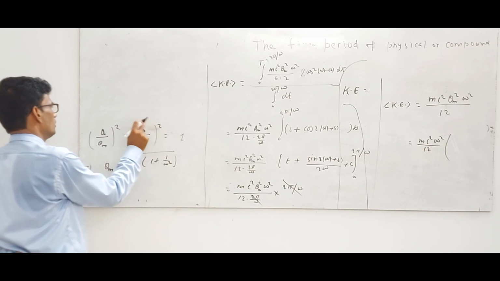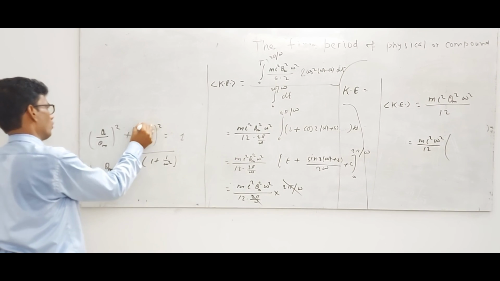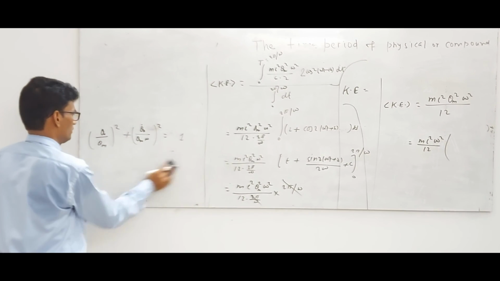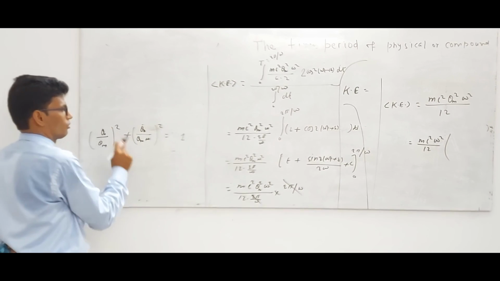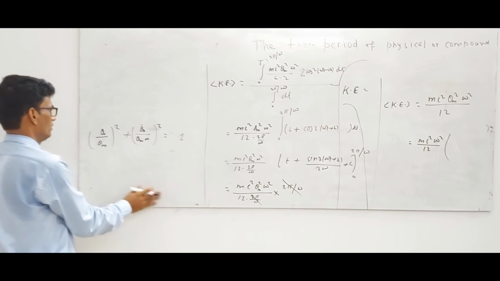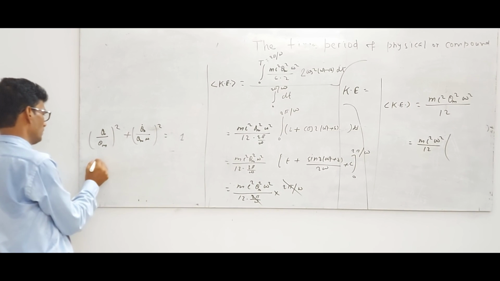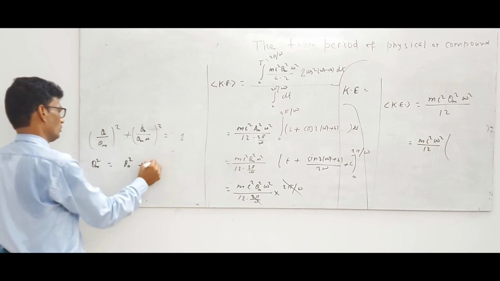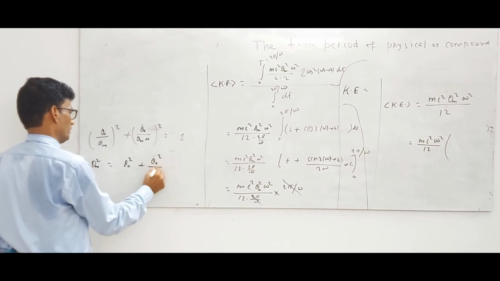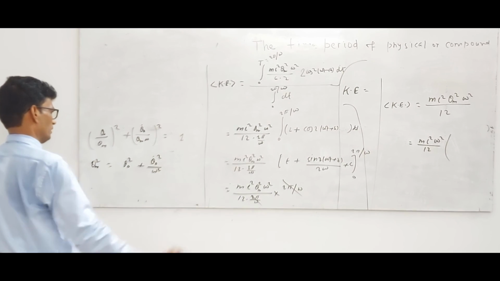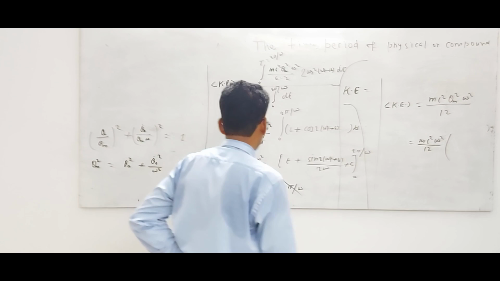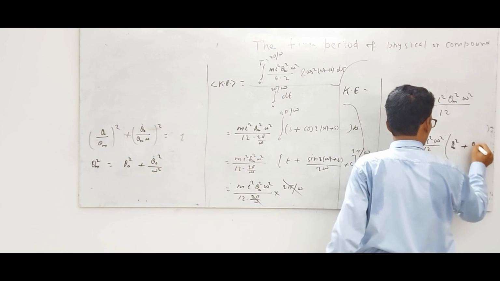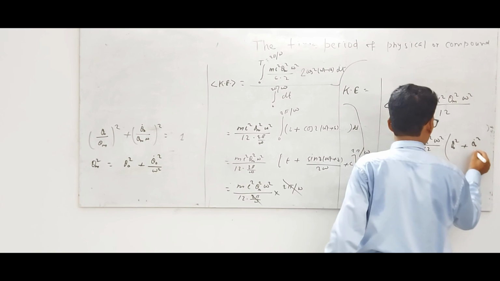Here it is not theta naught, in fact this is theta naught dot, so this is not correct. Theta naught dot, in fact we saw earlier. So here theta maximum square gives you theta naught square plus theta naught dot square over omega square. This is theta maximum square. So put there theta naught square plus theta naught dot square over omega square.